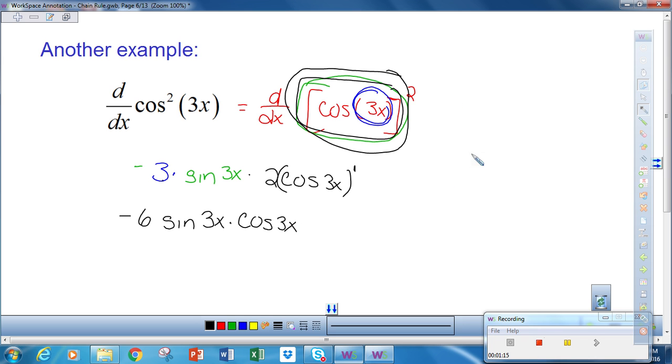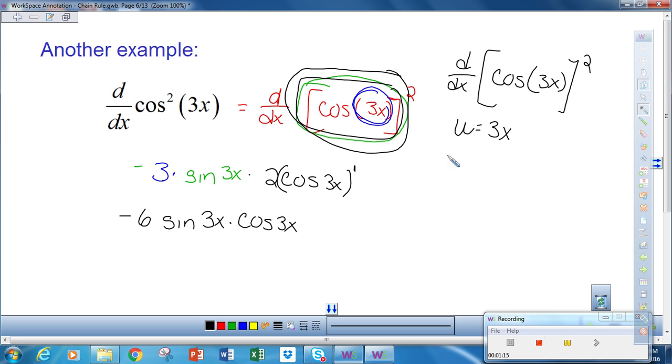So let's do this a little differently. Let's say that we're still going to write it the same way. So we're taking the derivative, d dx, of this entire function, cosine 3x quantity squared. Okay? So what we're going to do is we're going to let u equal 3x. Give me another variable.